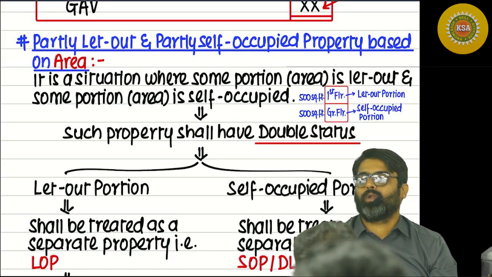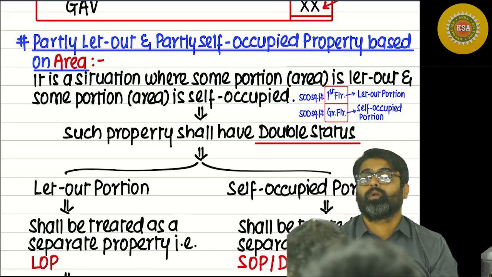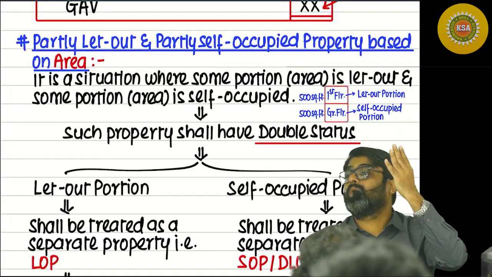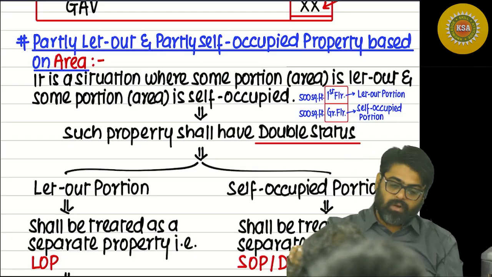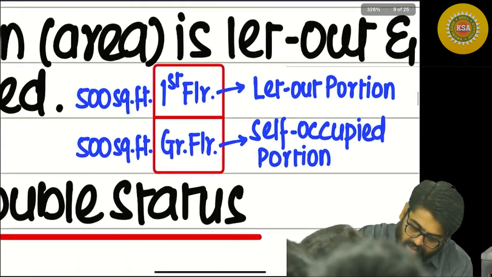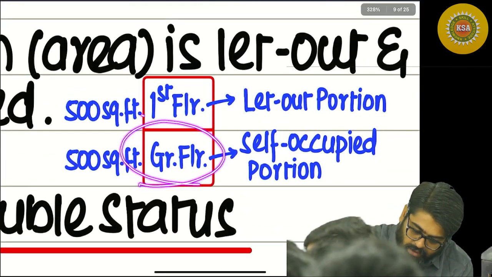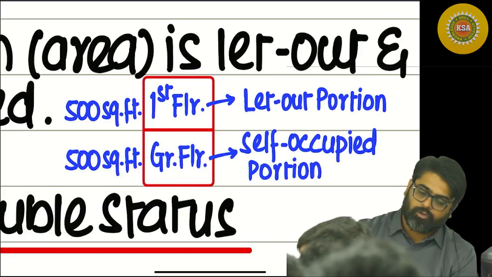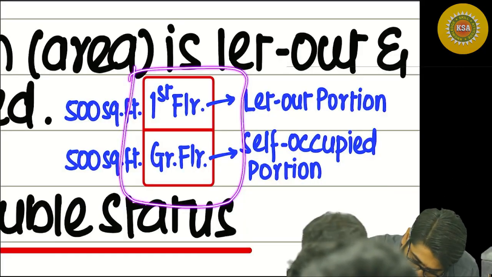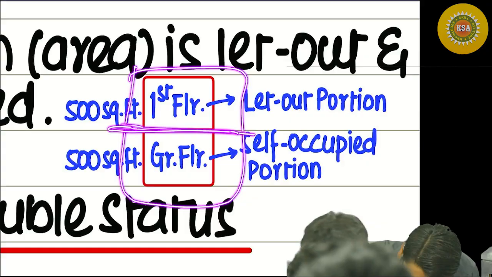For LOP, what do you do? 23(1). So for the ground floor, in my example, I have taken the ground floor. This is a single property only, but having two parts.